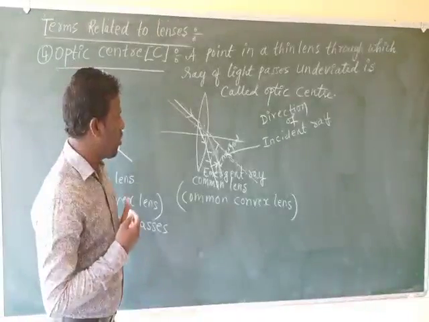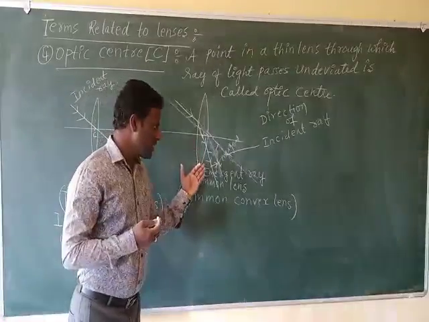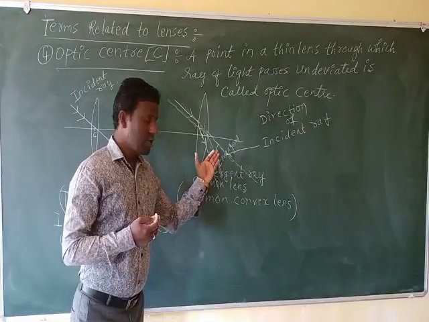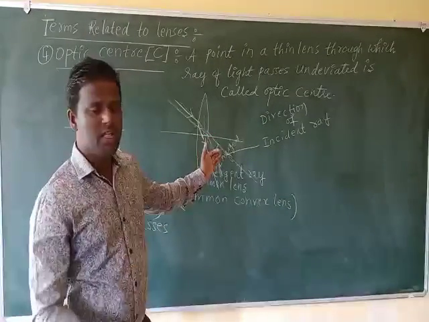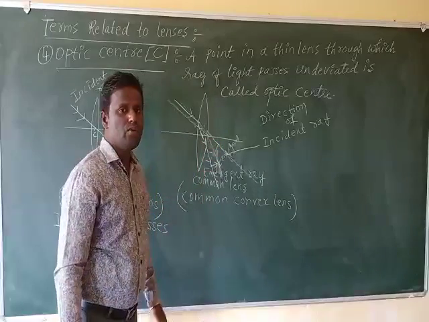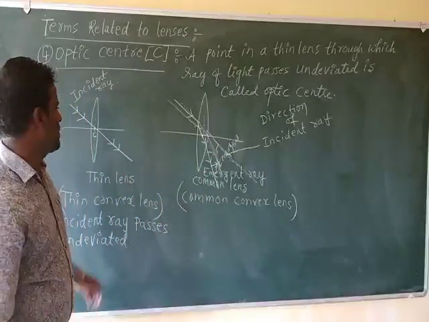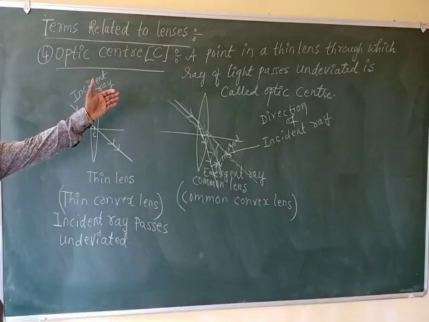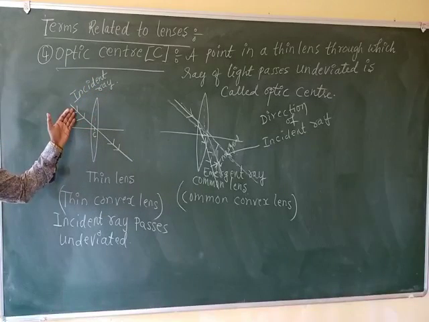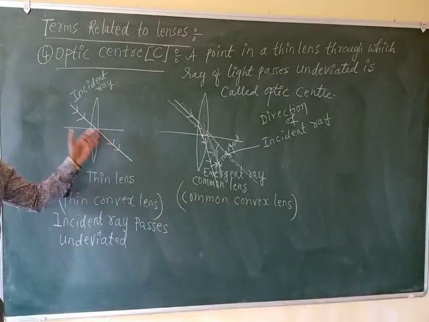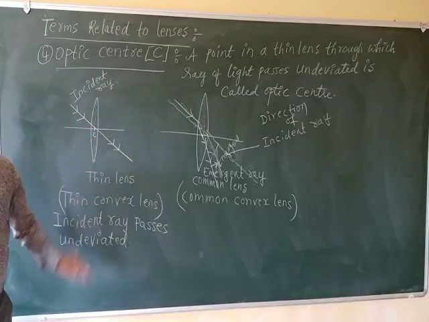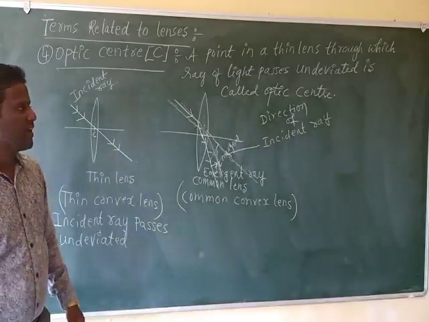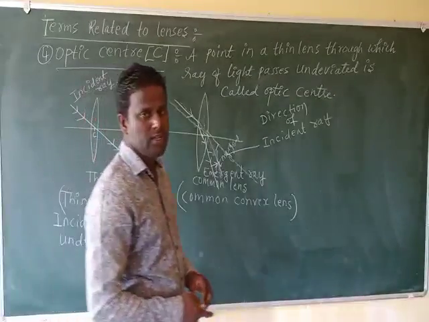After passing through the optic center, the emergent ray travels parallel to the incident ray direction. That is the definition of the optic center. In the case of a thin lens there is no refraction of light; the ray of light passes directly through the optic center.